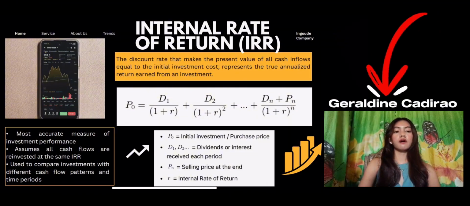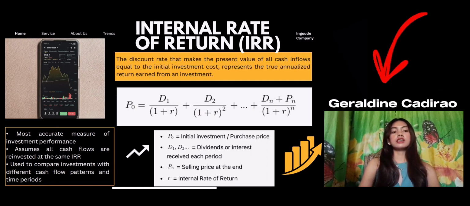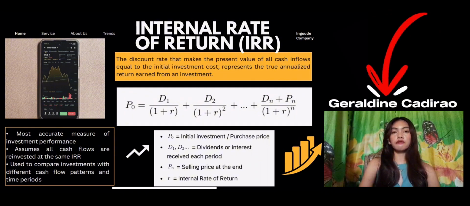And then we also have the final value, the selling price, the amount you get when you sell the investment at the end. The internal rate of return is what we solve for.